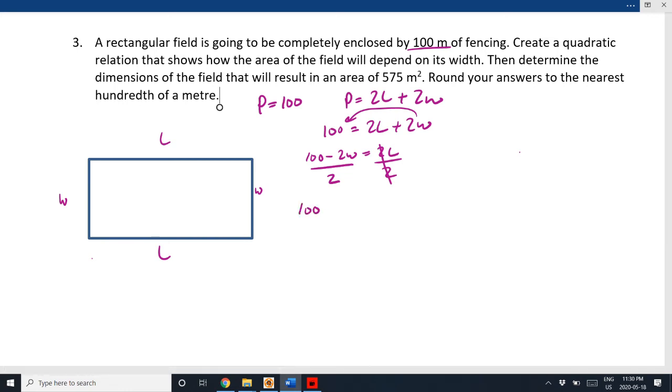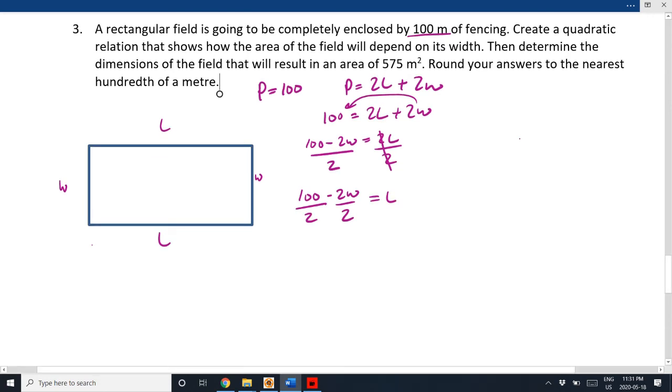We can just split them up, is equal to L, and we can go ahead and solve that. 100 divided by 2 is 50, and 2W divided by 2 is just W. So we know our length is equal to 50 minus W.